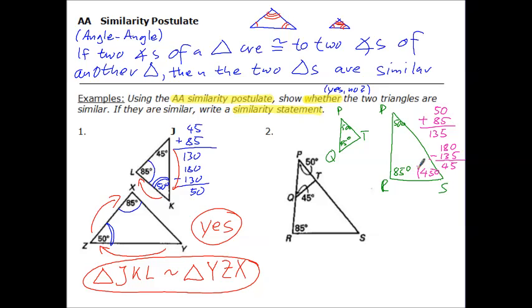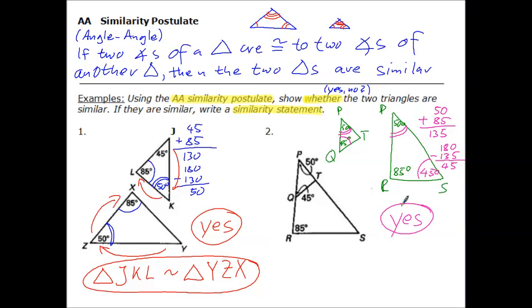So S is congruent to angle Q, and angle RPS is congruent to angle QPT. So we have two angles and can again say, yes, those two triangles are similar.